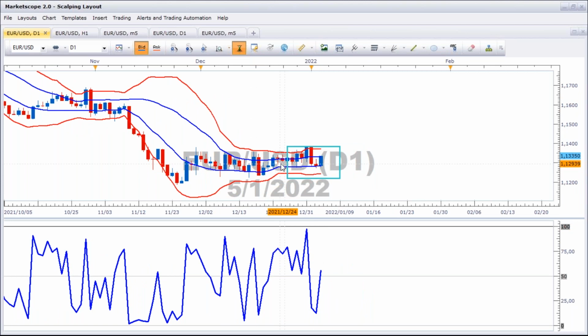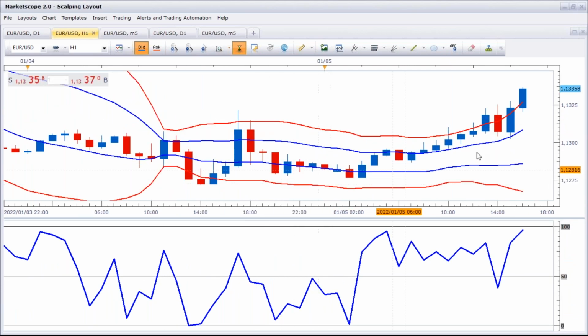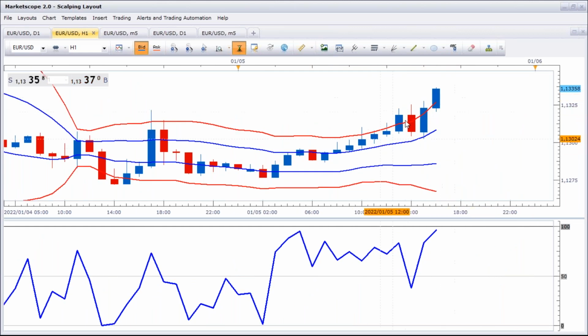So the euro US dollar is again very narrow in terms of the volatility here. We do have an upwards momentum. Let's just take a look at H1. Okay, so the hourly does have a bullish position.